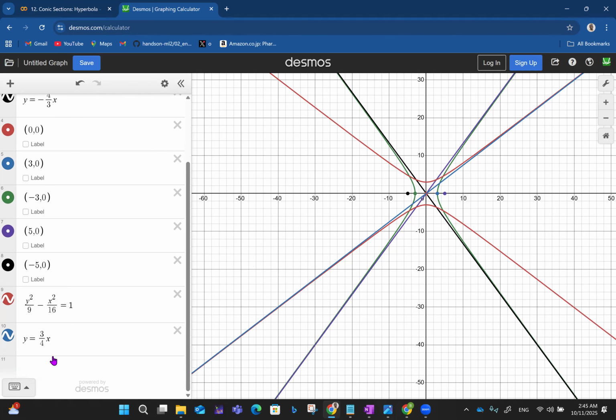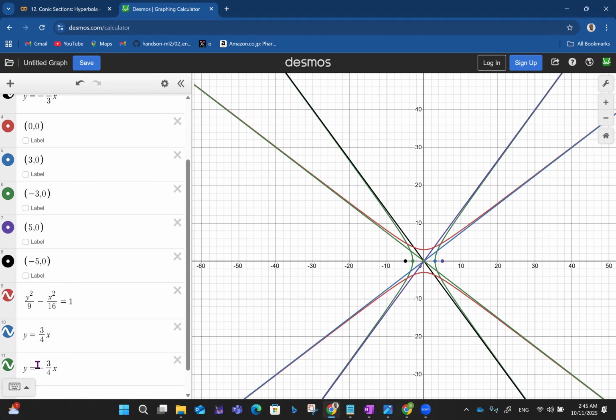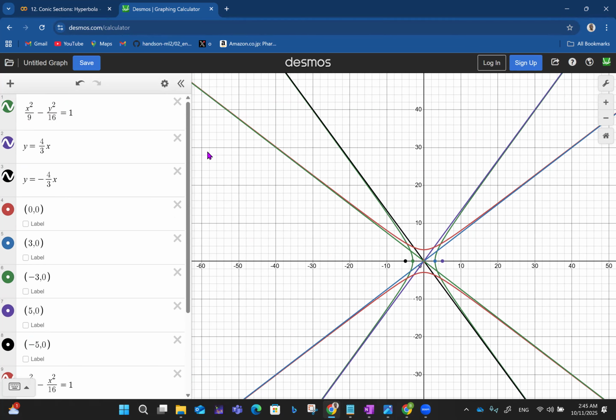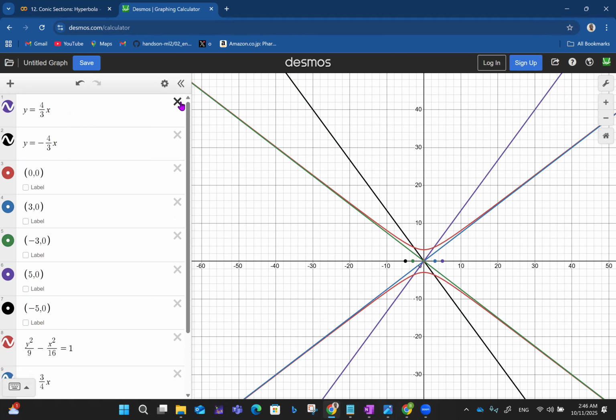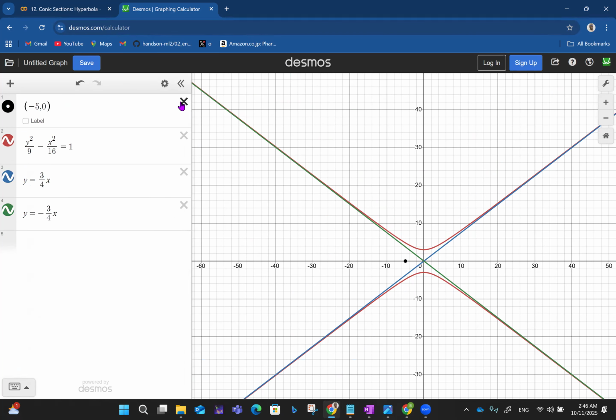And then we also have the same thing now, y equals minus 3 over 4x. So we have this green line there. If you want to see that reverse one now, let's just delete all these ones. So now it's about the y-axis instead of the x-axis, like before with the asymptotes also.